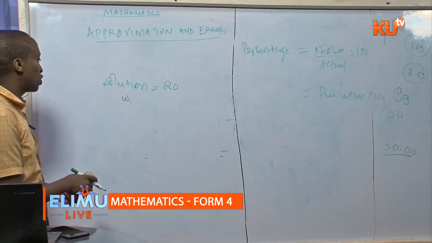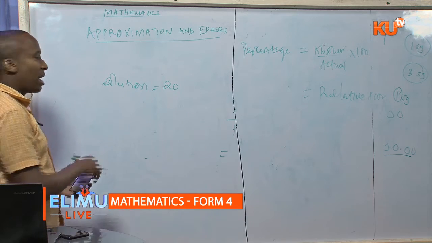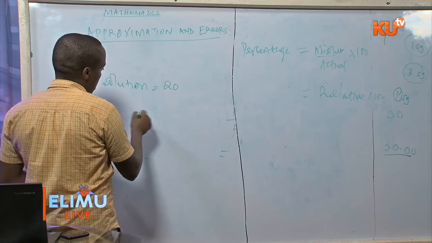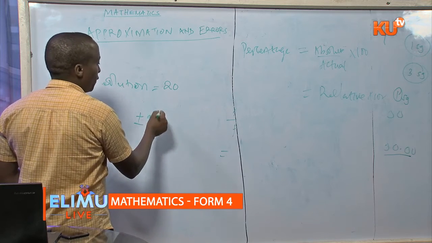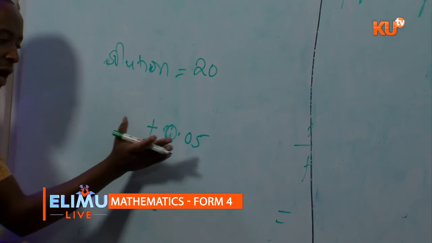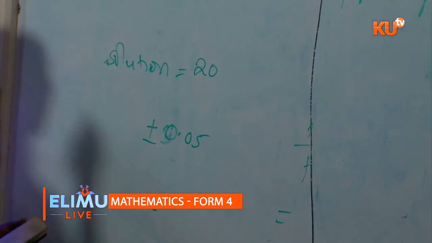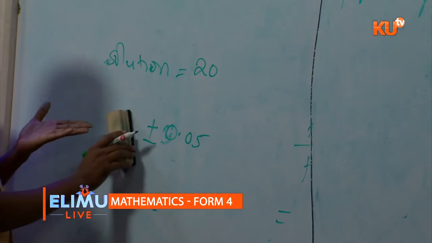That is why for practicals we don't have the actual answers. The answers are always given with an error, plus or minus. For any actual, we don't have actual answers when it comes to practicals, because the error of uncertainty, which is the absolute error, must always be committed.